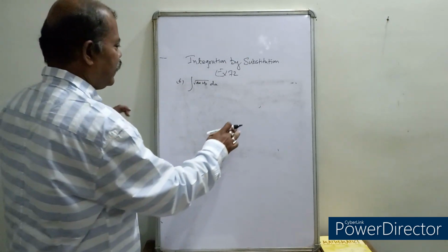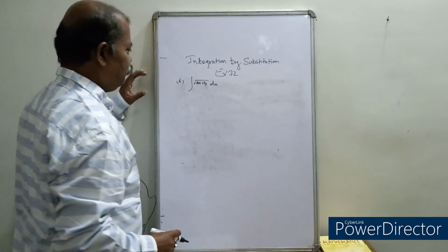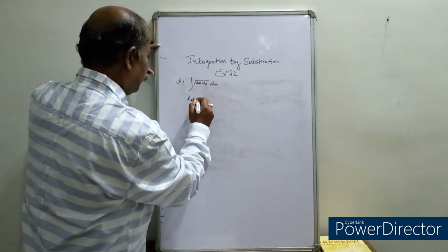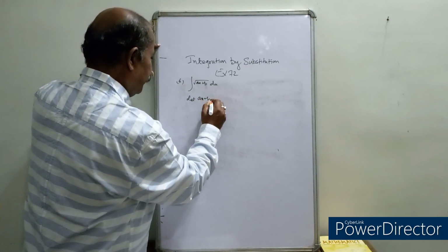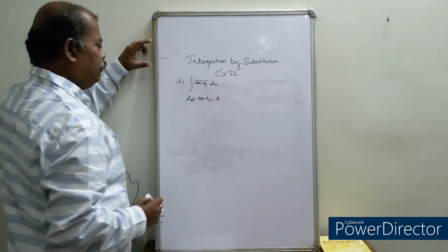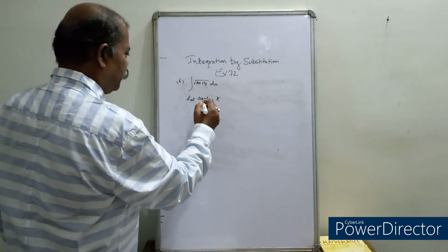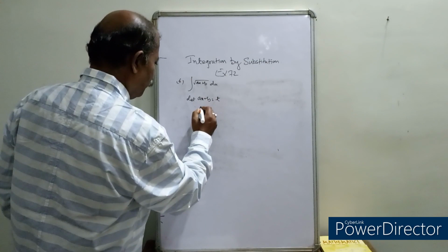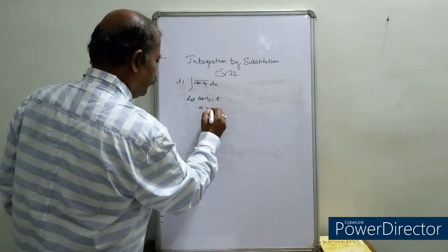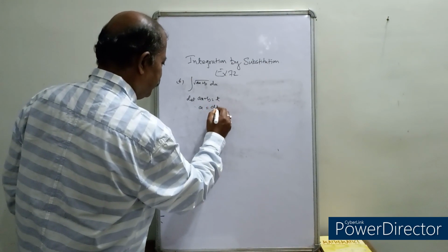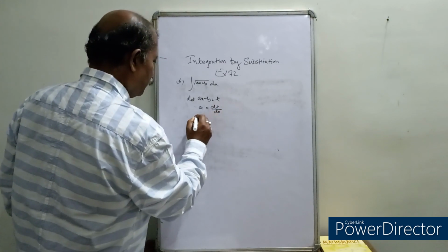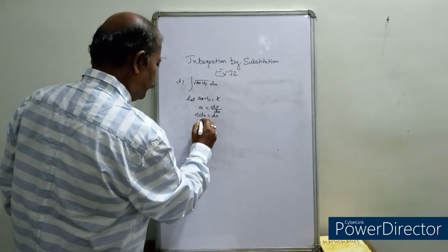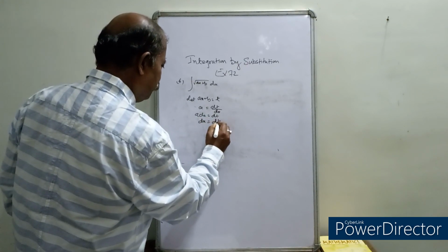Again I will show a direct method which will be easier for you. Here let ax plus b is equal to t. When you differentiate both sides with respect to x, you will get a, and the constant is 0, this will be dt by dx. So a dx is equal to dt, so your dx will be equal to dt by a.